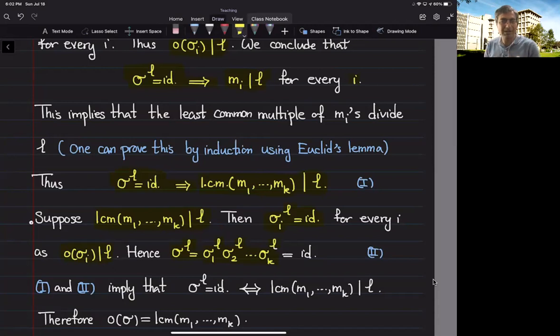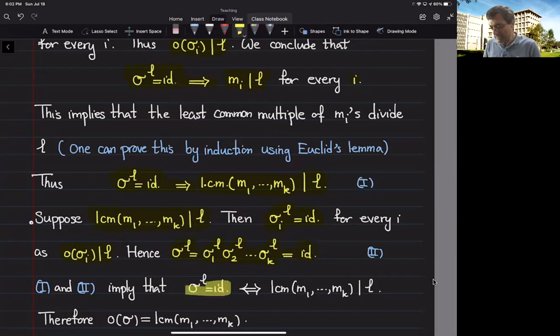Because they commute, I am allowed to do it. If they did not commute, this is not correct. But when they commute, it is fine, and I can do that. Now, because all these elements raised to power L are identity, I have identity, identity, identity, and the composite of identities is always identity. Altogether, I get that if the least common multiple of m sub i's divides L, then sigma to the L is identity. We have both ways.